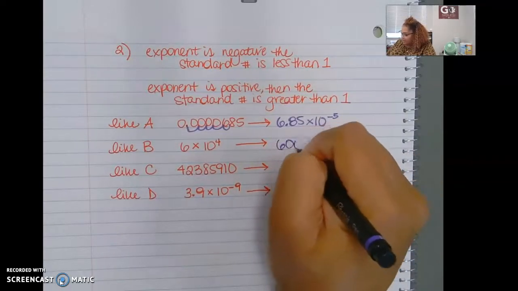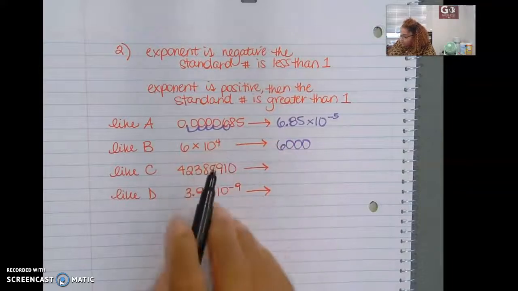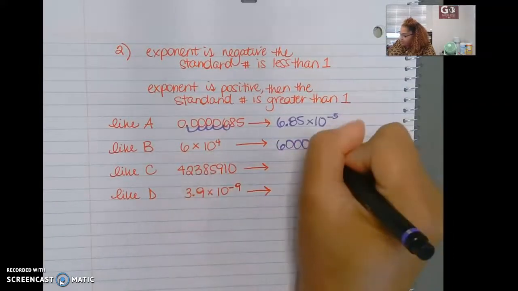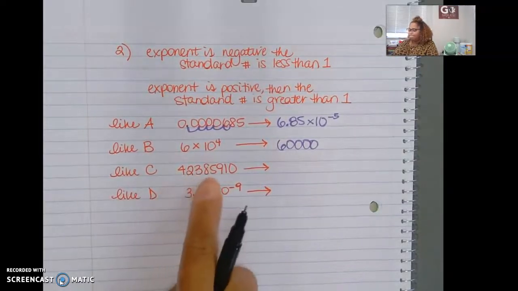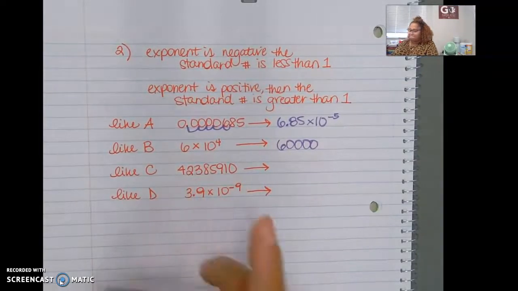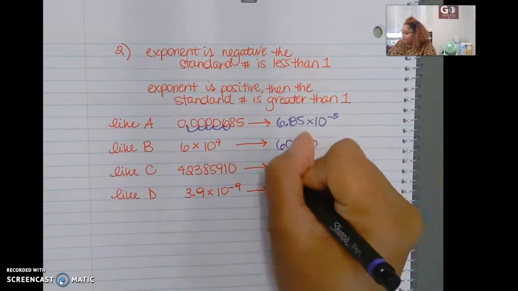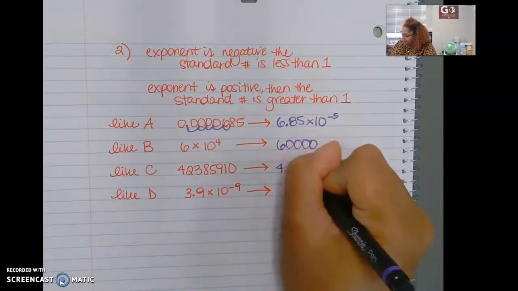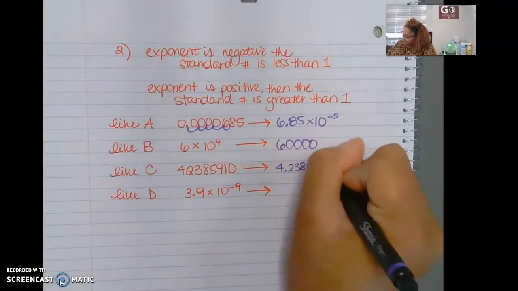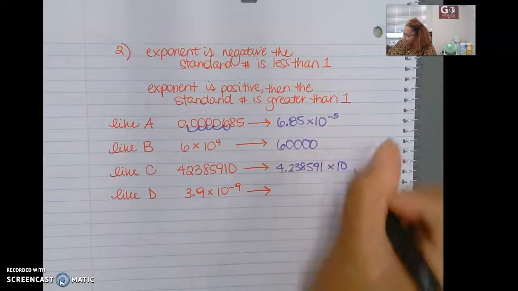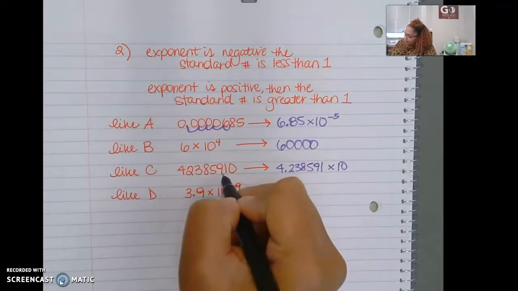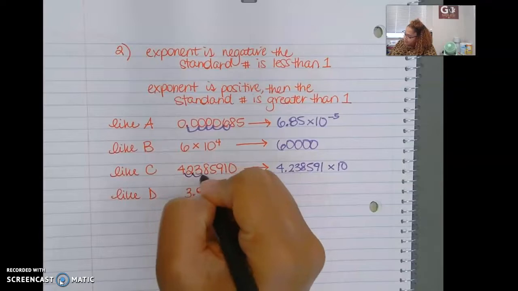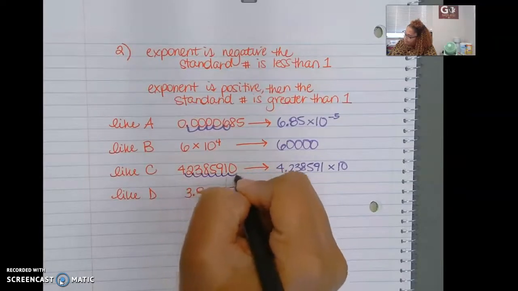60,000. 6 with what? 4 zeros, not 4 tens. 4 zeros. Now, how would I write this one? 4.2 and everything after it. Times 10 to the what? I thought scientific notation was to make writing it shorter. 5, 6, 7.